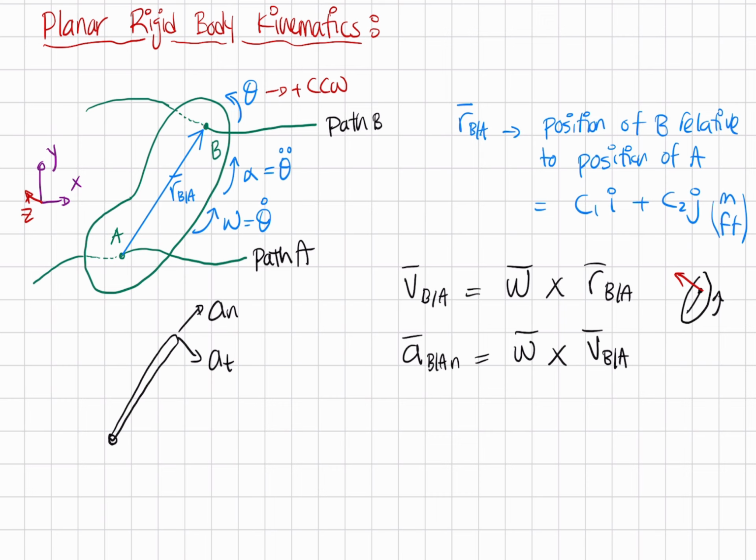We could also plug in the velocity vector here to get something that's a little bit more expanded. So we have omega cross product omega cross product R_BA. What you're seeing here is that anytime you have a planar body that's rotating, the normal acceleration is dependent on the length of the body.